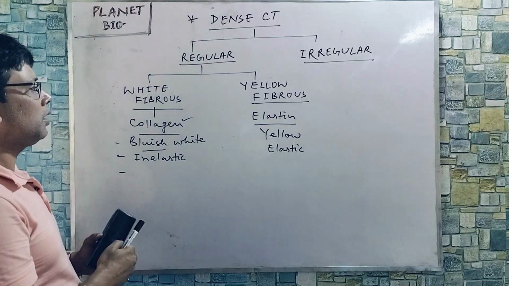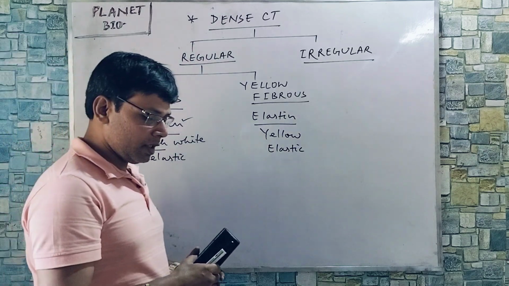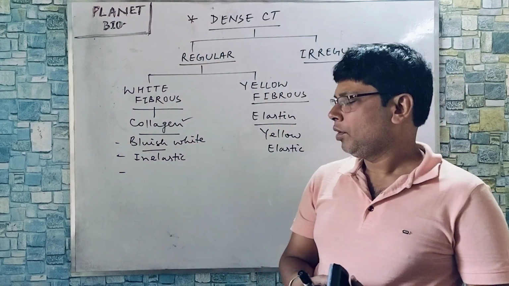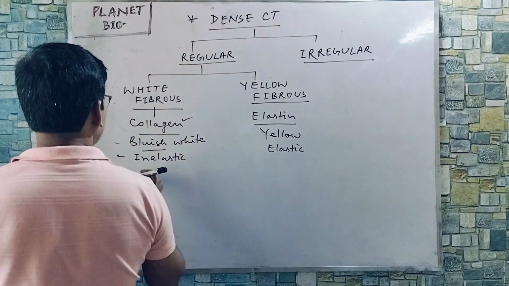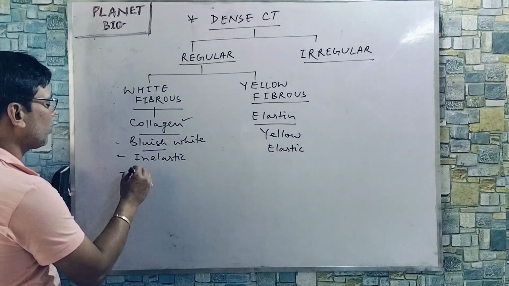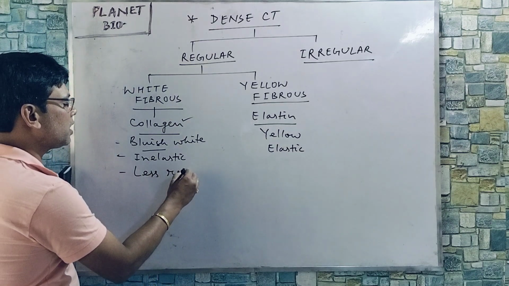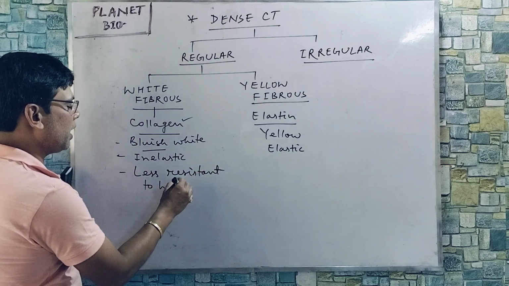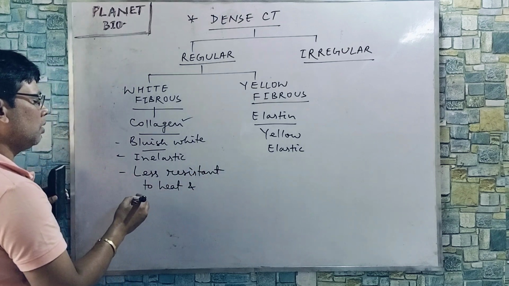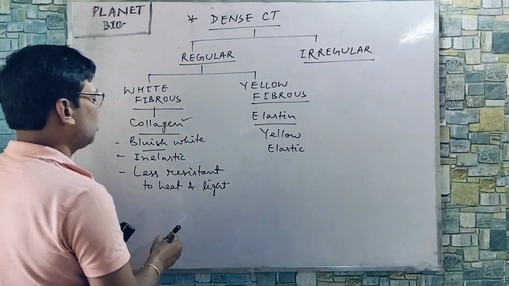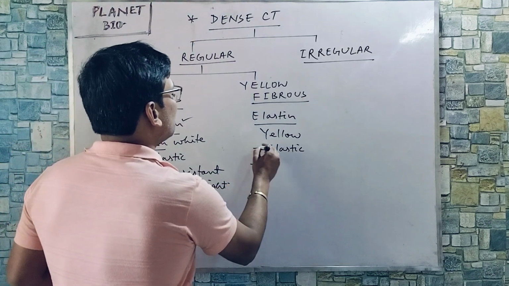Another point is that collagen, when boiled, is converted into gelatin, means less resistant to heat and light. And this is more resistant.